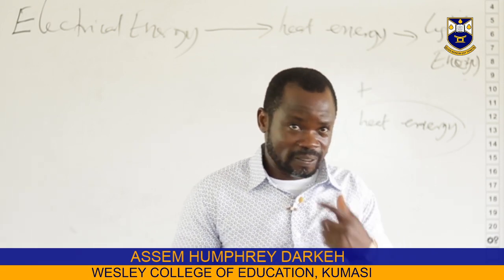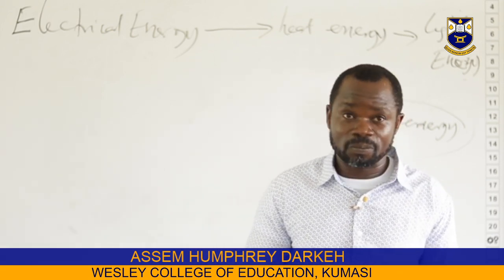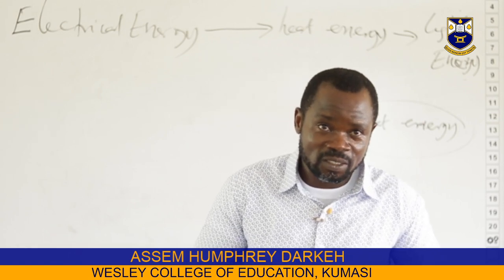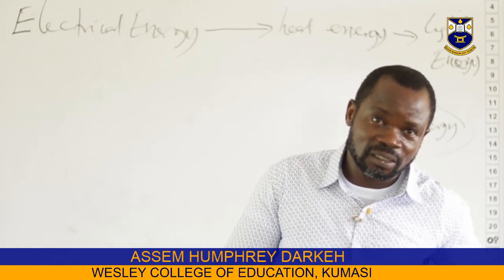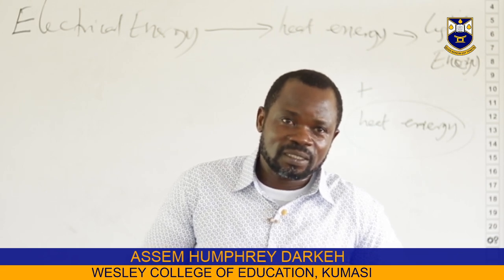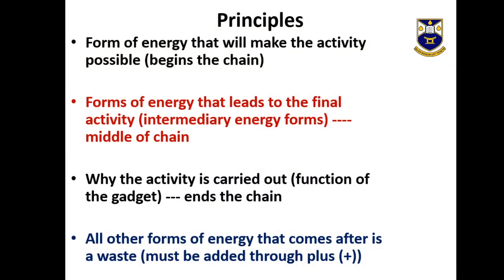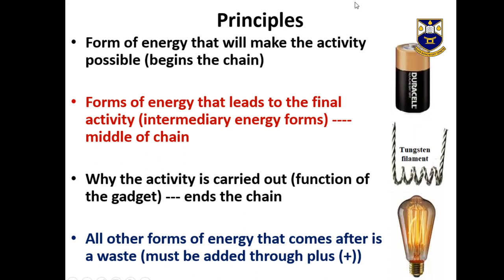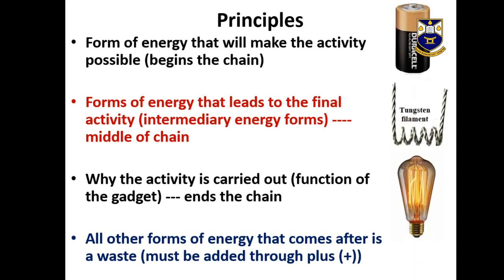And so this is an animation of what we have just talked about. This is a dry cell. When connected to this bulb, this is a tungsten filament. This has to glow. When it glows, then you can have your light in the bulb.